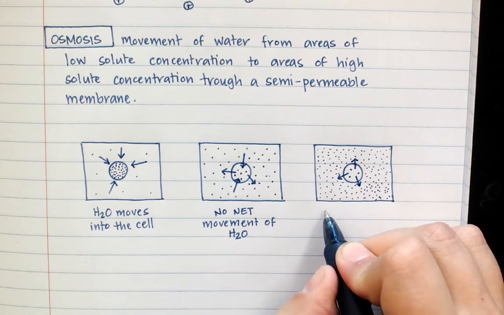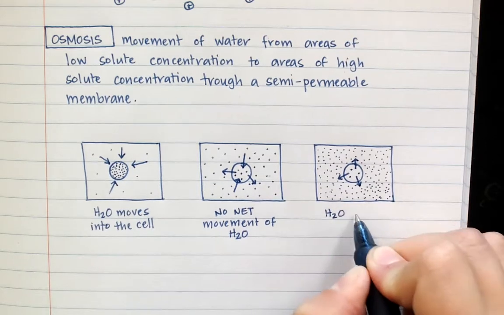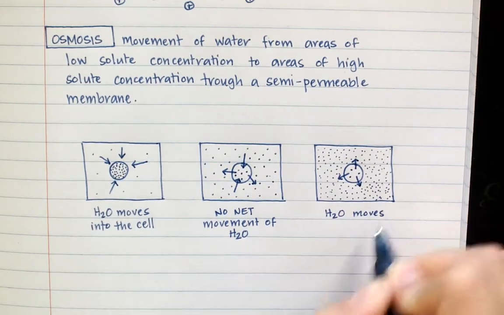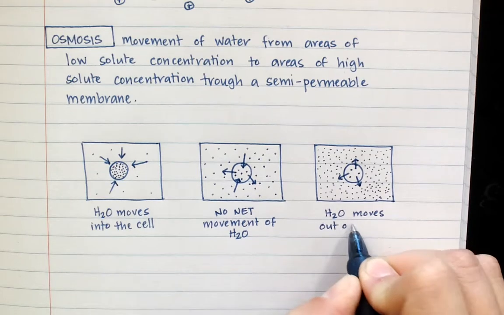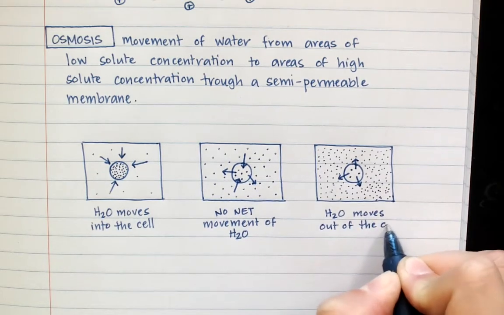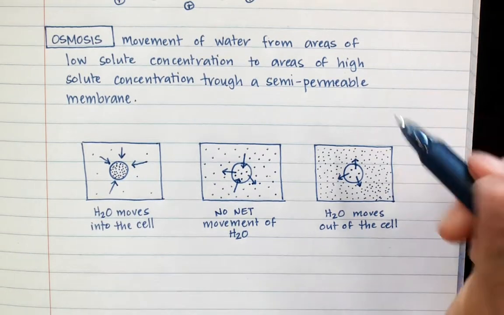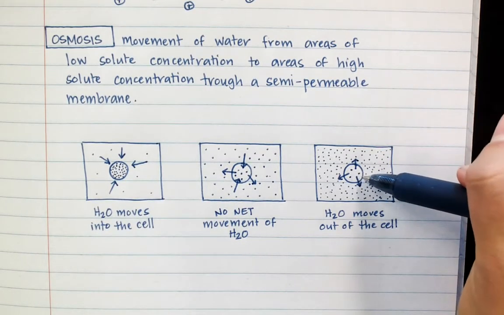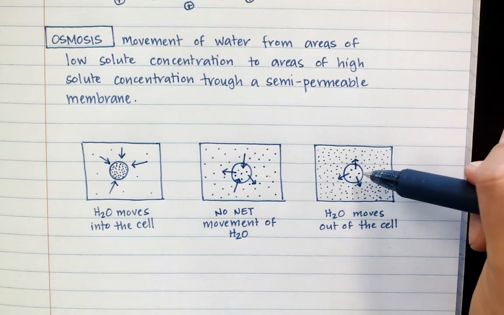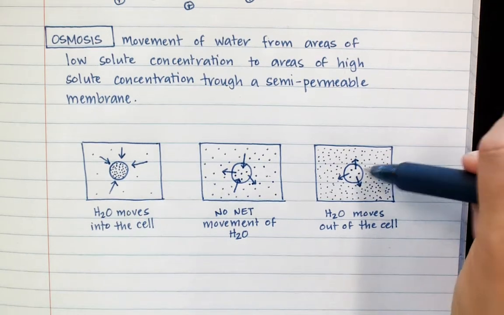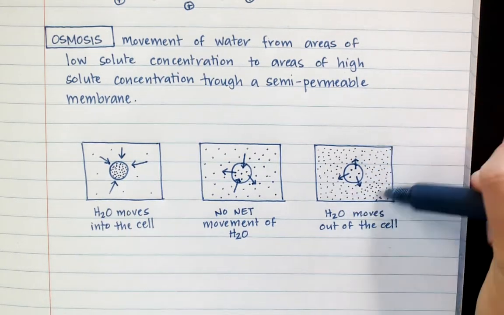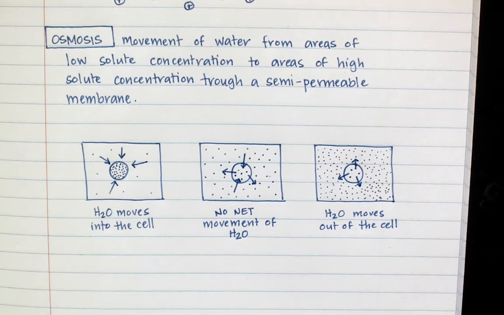So in this one, my H2O moves out of the cell. So when I say that it moves from low solute concentration to high solute concentration, the solute is that glucose here. So here we've got water moving from an area of low solute concentration, there's not much glucose, to the area of high solute concentration. Here there's a lot of glucose.